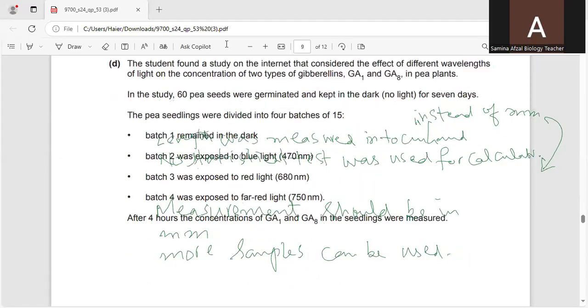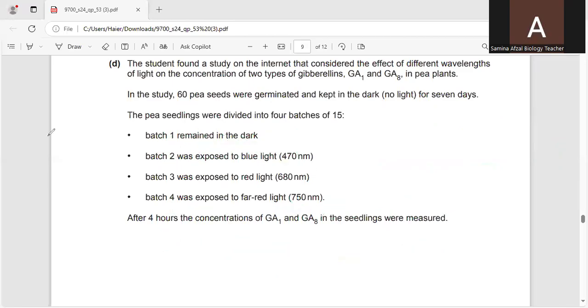Next question is, the student found a study on the internet that considered the effect of different wavelengths of light on the concentration of two types of gibberellin, GA1 and GA8, in pea plants. In the study, 60 pea seeds were germinated and kept in the dark for 7 days.